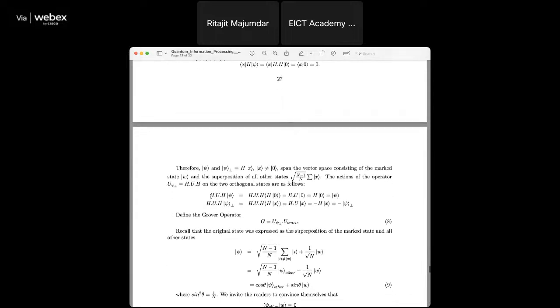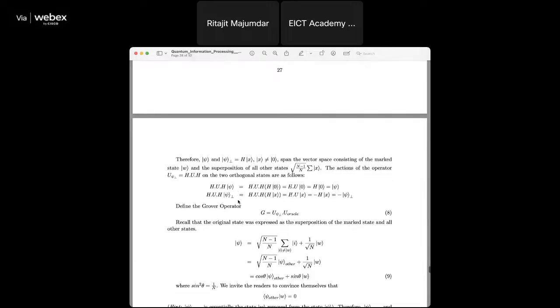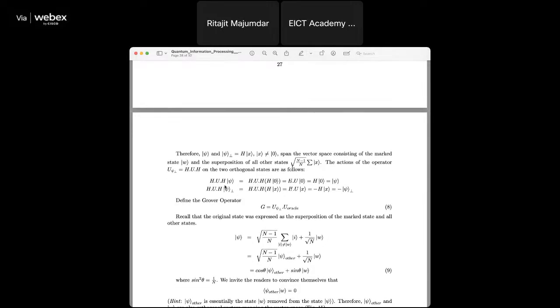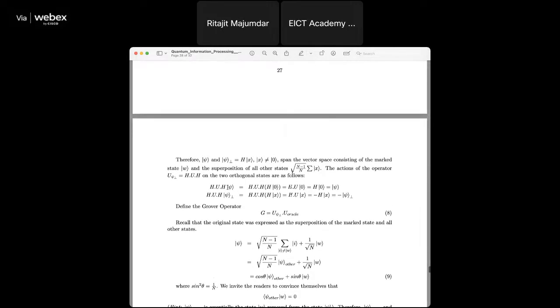Now let's look into this thing, HUH acting on psi. I understand this is becoming a lot of mathematics, but still, just stay with me. What is psi? Psi is H0. So let's replace psi by H0. Now I have HUH acting on H0. The two H's cancel each other out, so HU0.